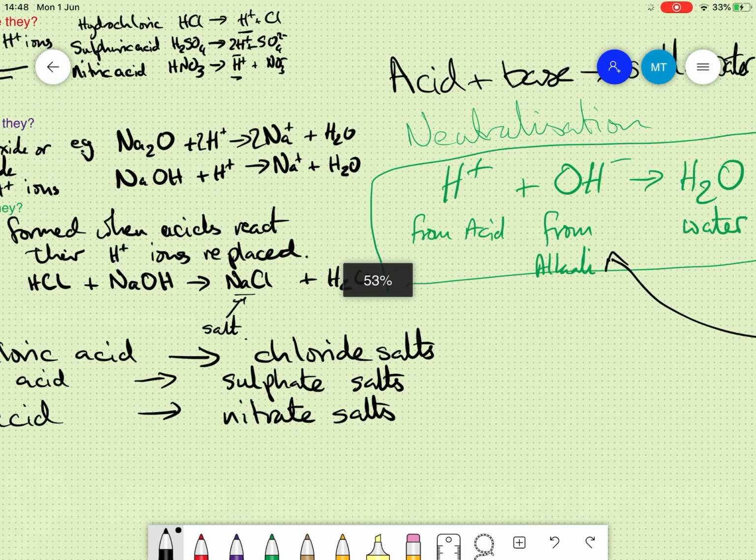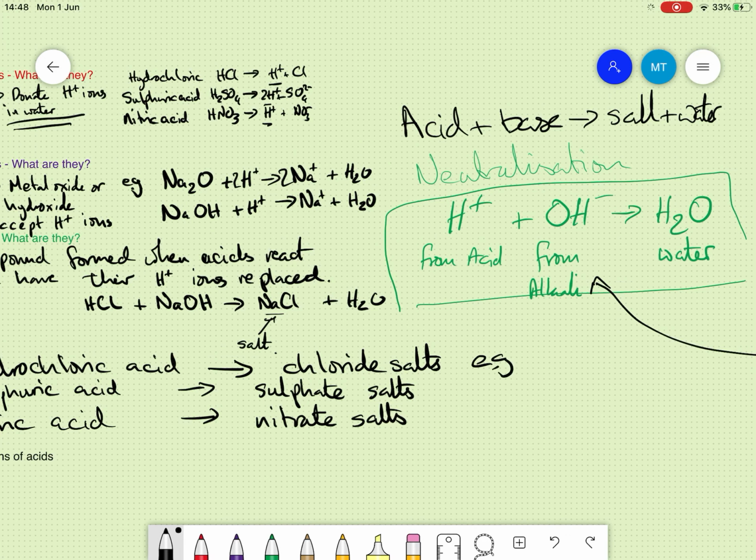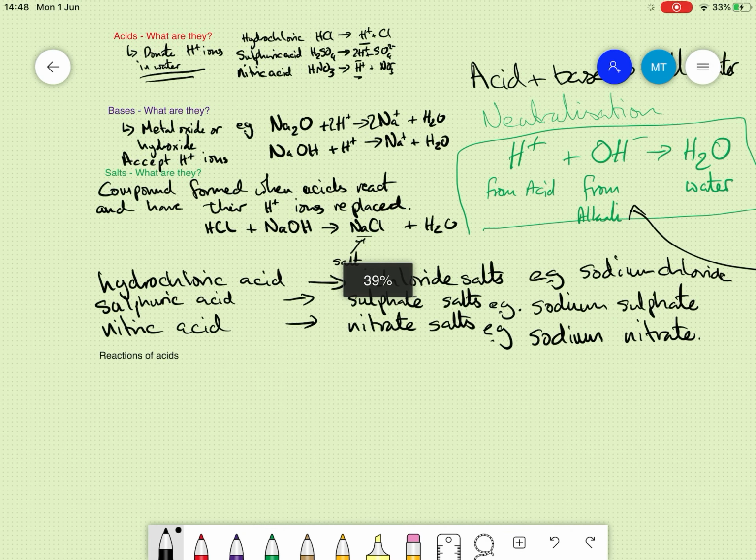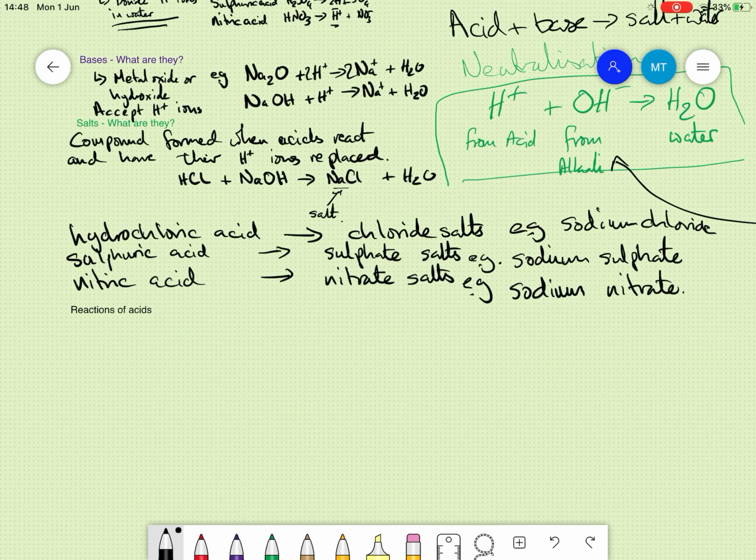Let's give you an example of a chloride salt. That would be, e.g., sodium chloride, or, e.g., sodium sulfate, e.g., sodium nitrate. Those are the three examples of salts that you need to know.